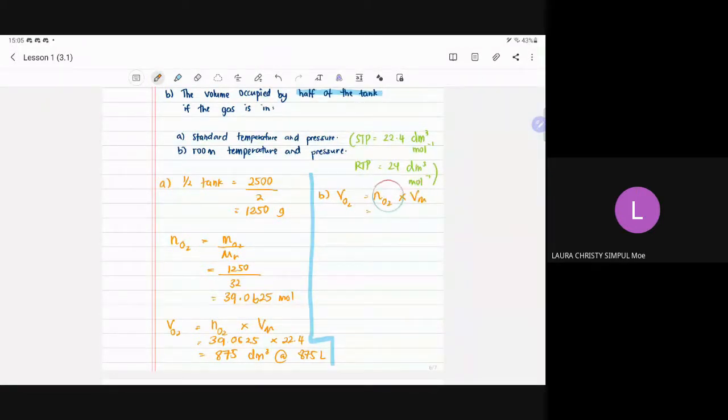However, this is at RTP, so 39.0625 multiplied by molar volume, which is 24 decimeter cube, and you should get 937.5 decimeter cube. Or we can also write it down as 937.5 liter. This is the final answer.